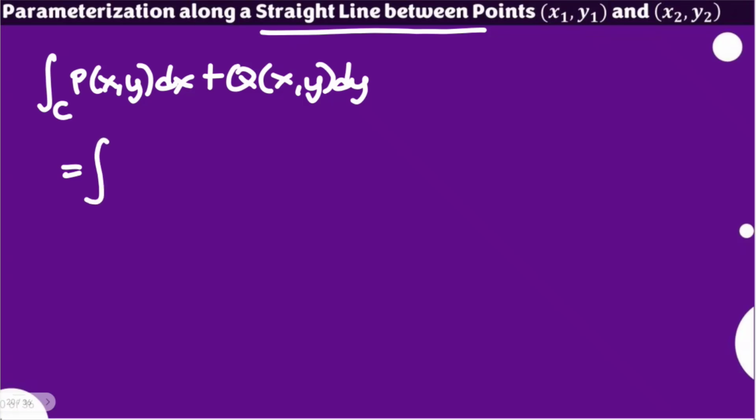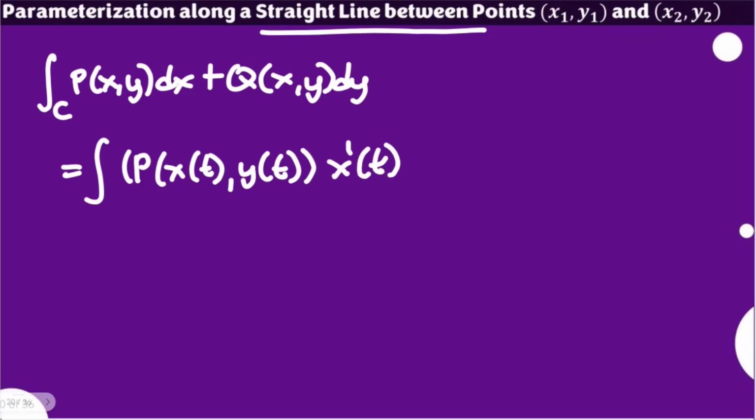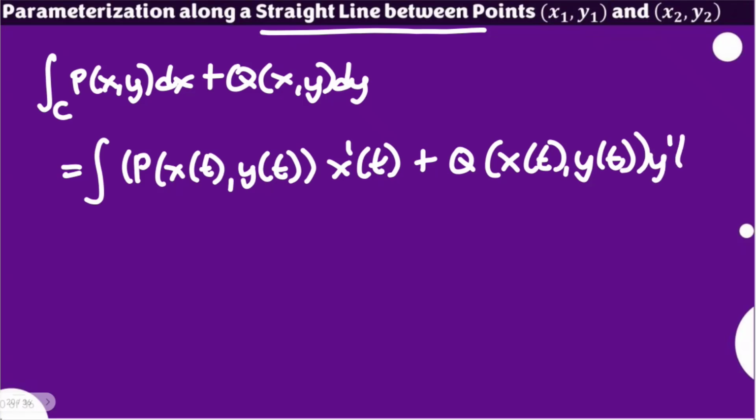It's actually the integral of p of x of t and y of t, times the derivative of x of t, plus q of x of t, y of t, times the derivative of y of t, dt from a to b.